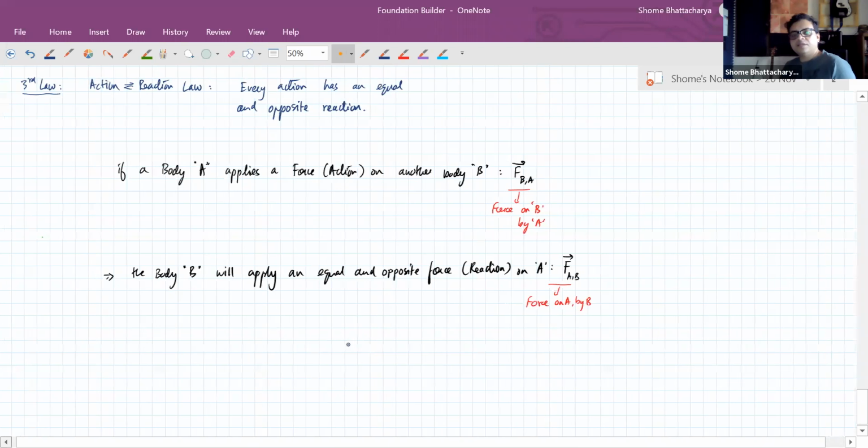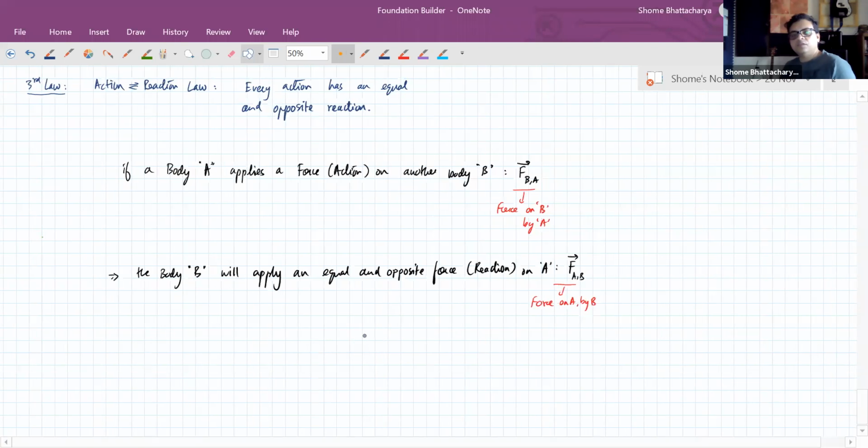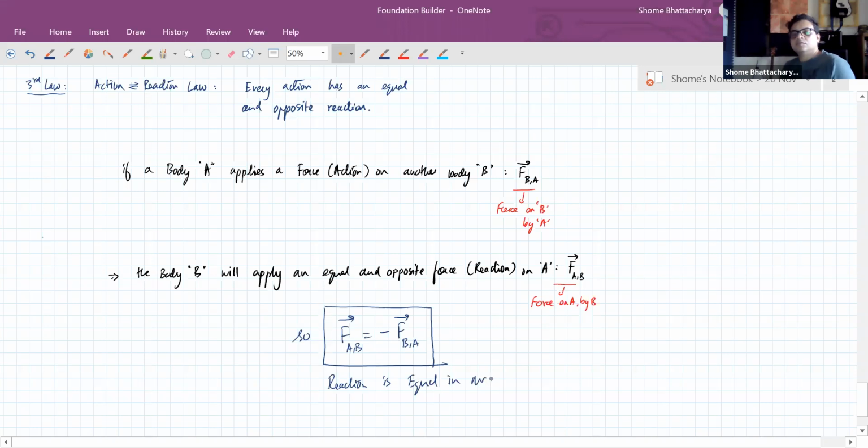So the force applied by B on A will be equal and opposite to the force applied by A on B. So the reaction is equal in magnitude and opposite in direction to the action.